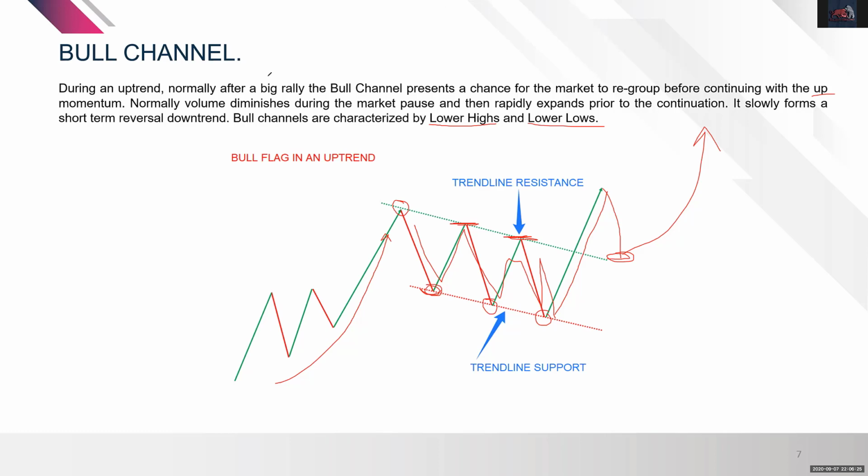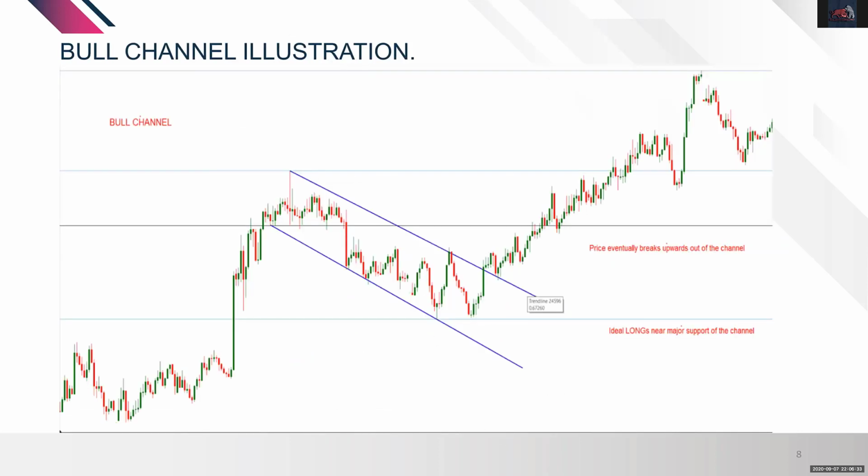So now let me show you what that looks like on a MT4 platform. Here's the illustration on MT4 or MT5, whichever one you use. Now you can already see we had the market moving in an up direction here, right?